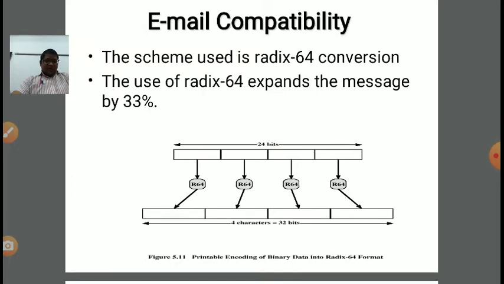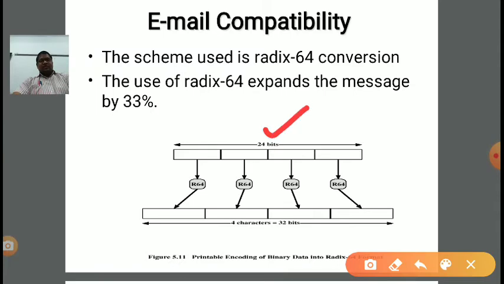When we apply Radix 64, 6 bits will be converted into 8 bits, right? So the 24 bits are divided into 4 blocks of 6 bits each.